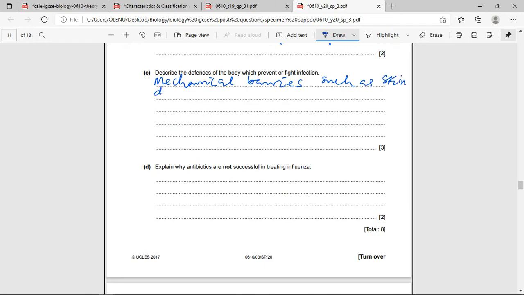We have chemical barriers such as the mucus in your nose that traps dust particles. We also have the hydrochloric acid in the stomach that helps to kill microorganisms. We also have things like phagocytes, which are your white blood cells.